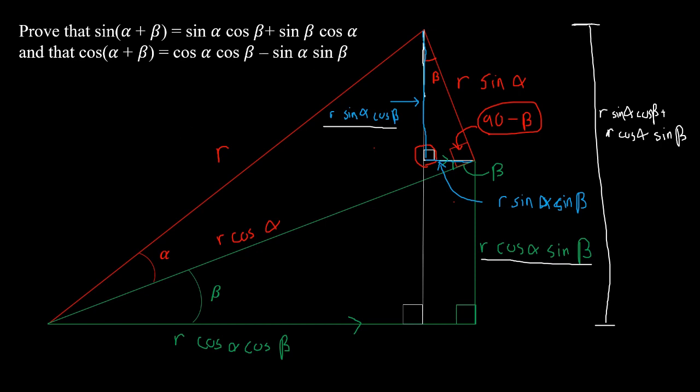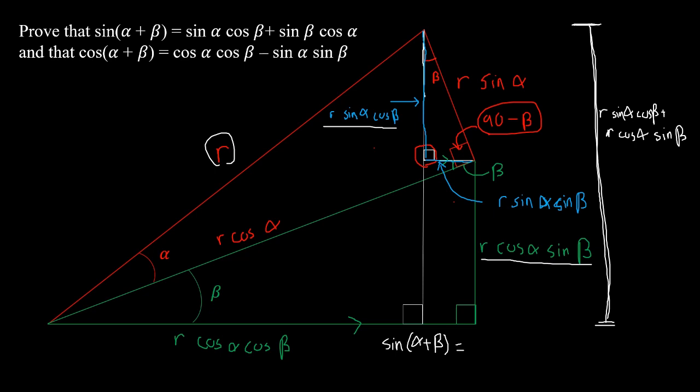So now that we know that it's a leg of a triangle, and note that the angle is going to be alpha plus beta, that means that the sine of alpha plus beta is going to be equal to this white leg, this white line segment, over r.